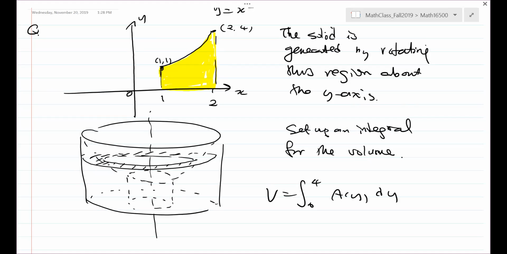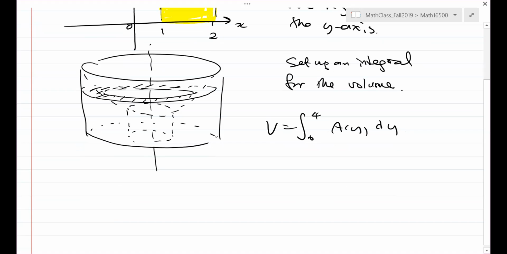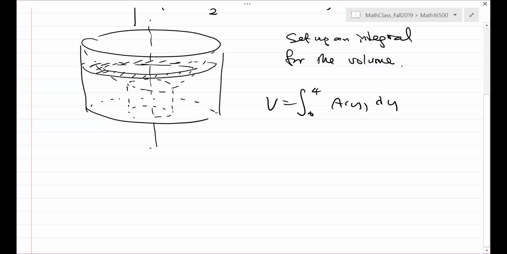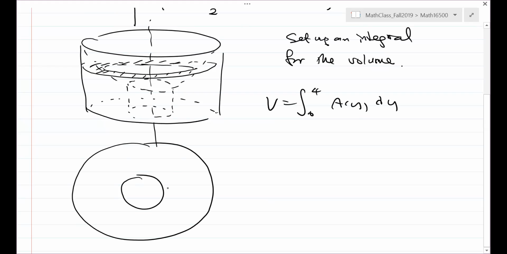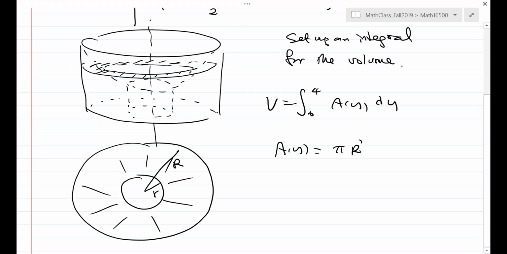Anyway, the typical cross section will be the larger disk minus a smaller one, right? So this is a typical cross section. So I'm going to denote this capital R, so A of y is going to be pi capital R squared minus little r squared.